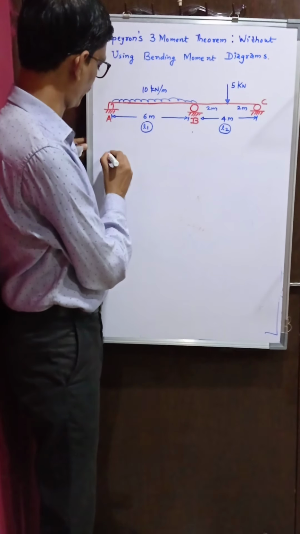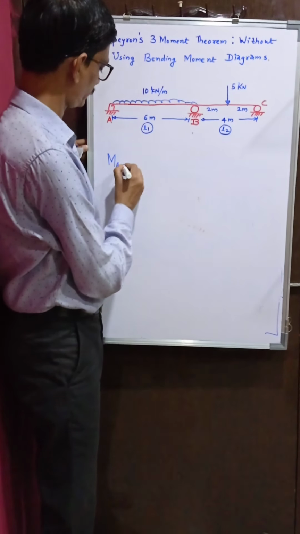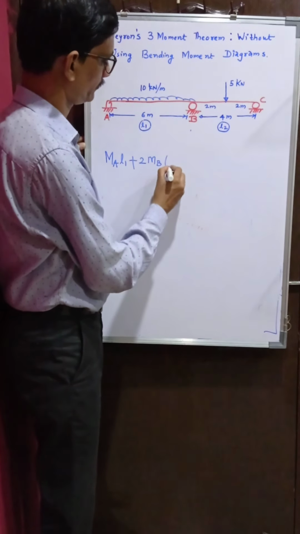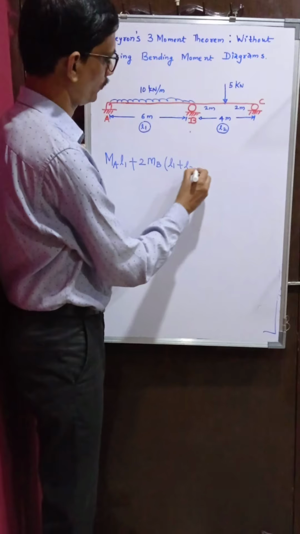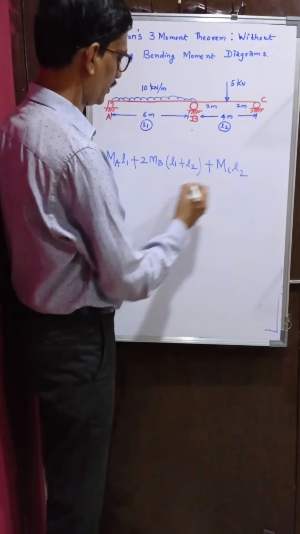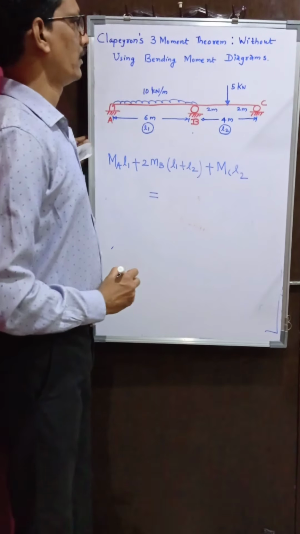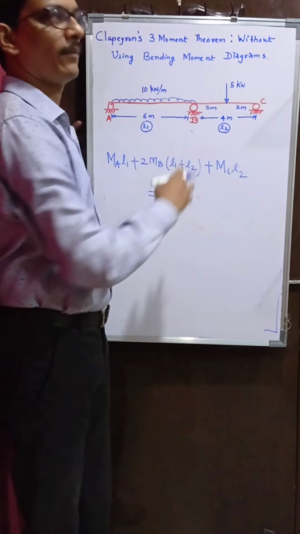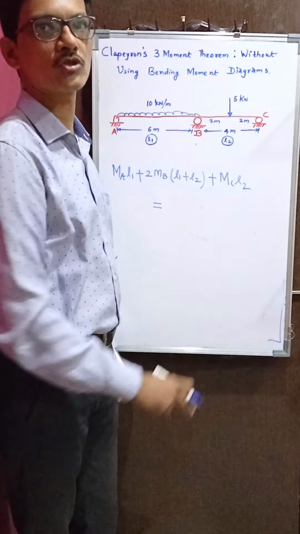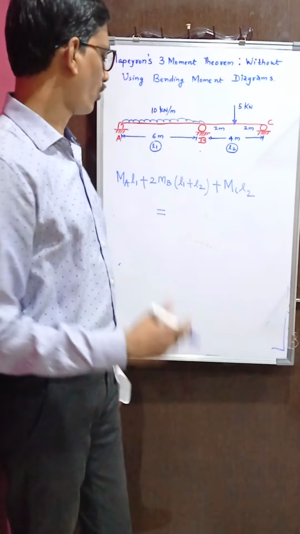Now here it is again MA L1 plus 2 MB into L1 plus L2 plus MC L2. Now in the bending moment diagram approach, I had written minus 6 A1 x1 bar by L1 plus A2 x2 bar by L2, but now I will not write that.